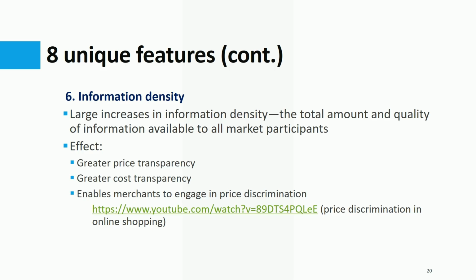This allows merchants to sell the same product at different prices to different groups. For example, they offer expensive vacations to people willing to pay more and cheaper ones to those who want a better deal. The information also helps merchants show how their products are different from others in terms of cost, brand, and quality.